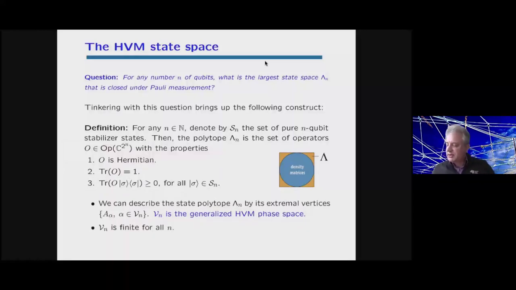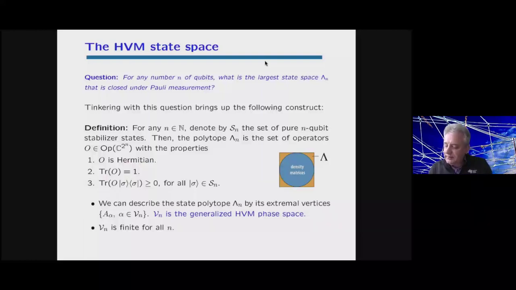Tinkering with this question leads us to this definition of state space. Our states are Hermitian operators, so that's the first condition, they have to be Hermitian. You know this from density matrices, so no difference here so far.